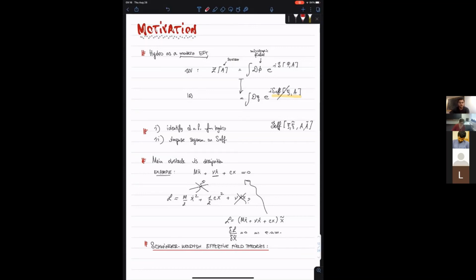The breakthrough of writing an effective action for hydrodynamics in the presence of dissipation was to use a Schwinger-Keldysh path integral. So this will be the modern approach that includes dissipation.